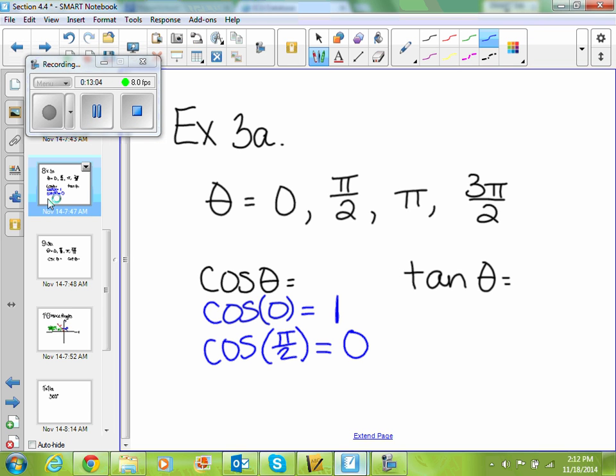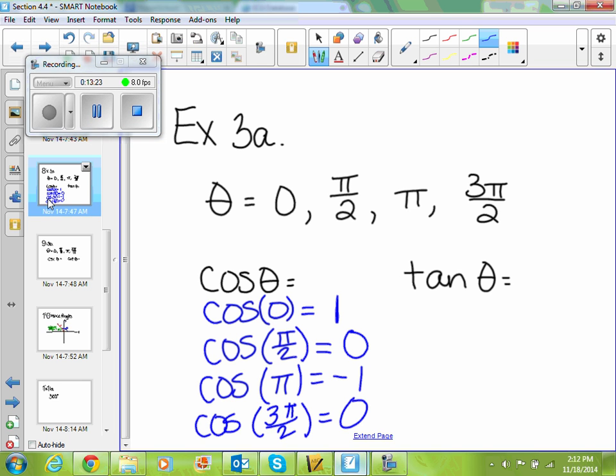That's on your unit circle. We're just going around your 4 quadrants. Cosine of pi is negative 1. And cosine of 3 pi over 2 is 0, because cosine is equal to your y value on your unit circle.